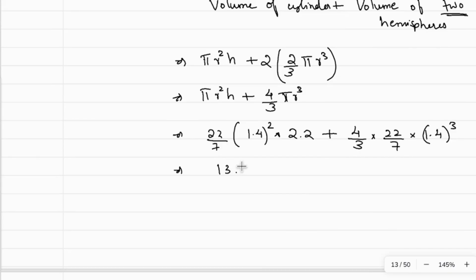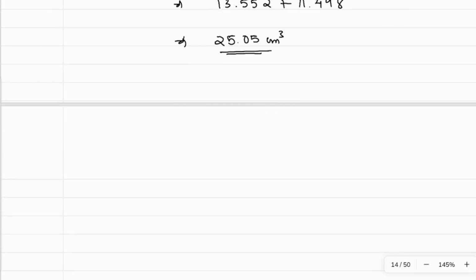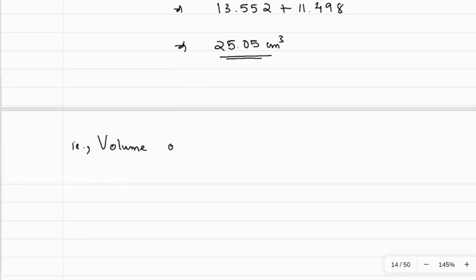We get 13.552 plus 11.498. Once after adding them, what will I get? That is 25.05 centimeter cube. Volume of one gulab jamun is 25.05 centimeter cube.